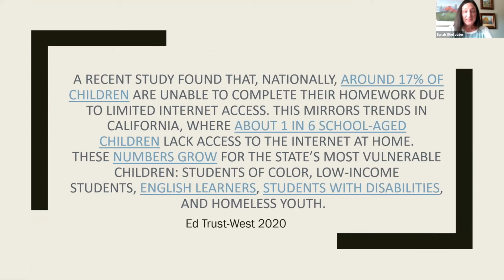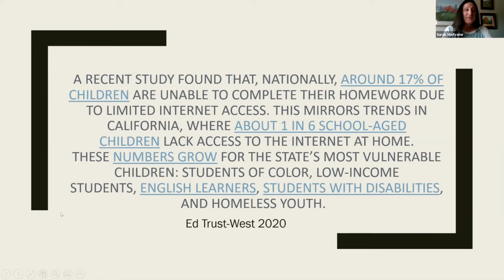So I also found this from the Ed Trust website. 17% of children are unable to complete their homework due to limited internet access at home. So that can lead to what's called the homework gap. And then at the end, it goes on to tell you that this affects every state's most vulnerable children: students of color, low income, English learners, disabilities, homeless youth.